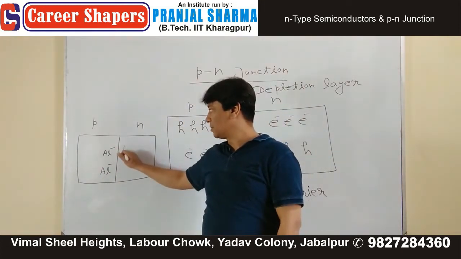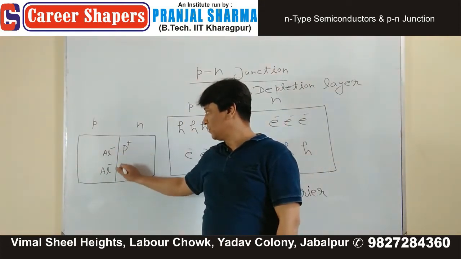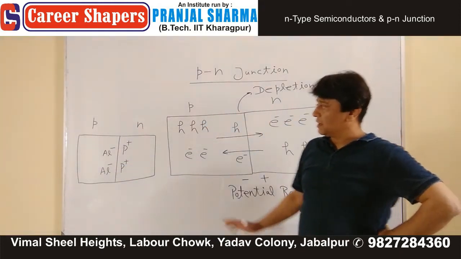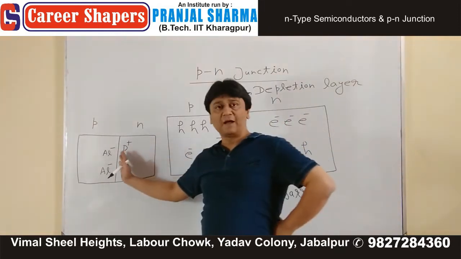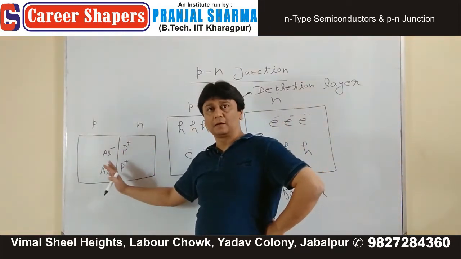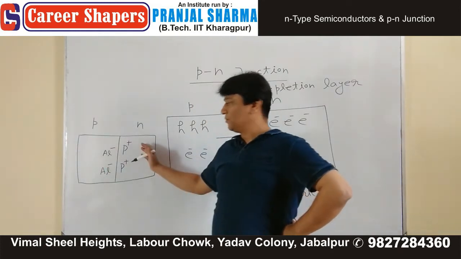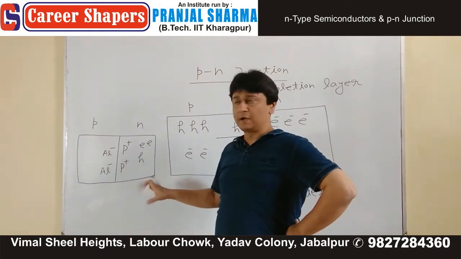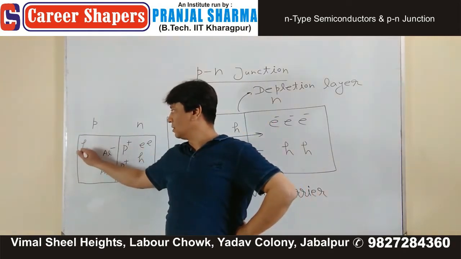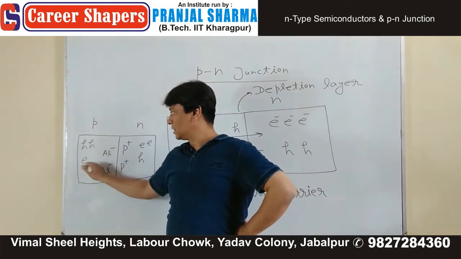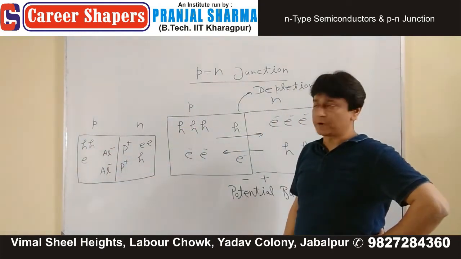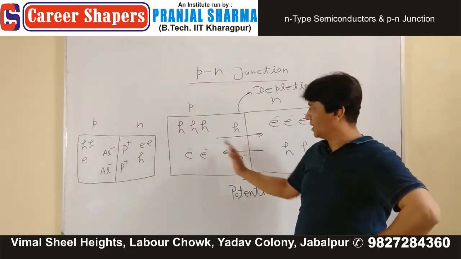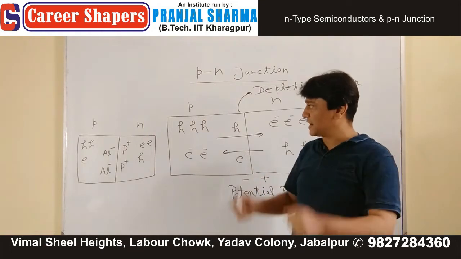On the N side, you've got phosphorus fixed ions. Now, when you have two separate P and N crystals, there are electrons and holes present. Over here, majority holes, fewer electrons are present, but the system is what? Neutral initially when they are not yet connected.